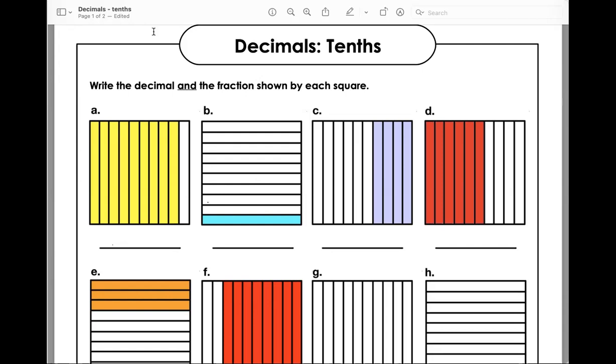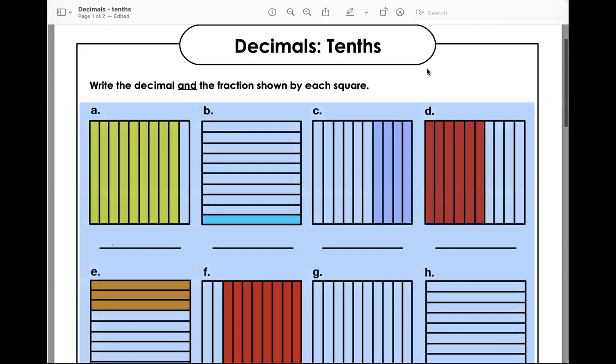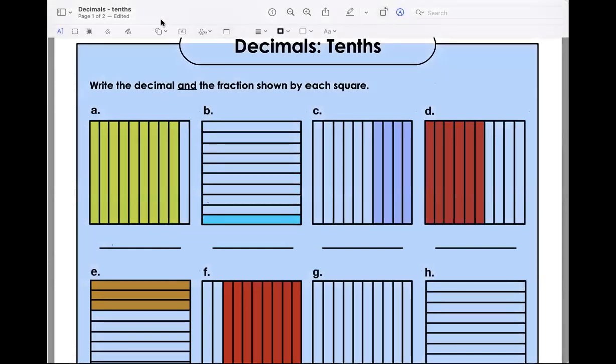The bottom number is the denominator, the total number of parts. I'm talking about when we're referring to a problem that is a picture. So we count them up. 1, 2, 3, 4, 5, 6, 7, 8, 9 parts are shaded. That's our top number, which is our numerator.